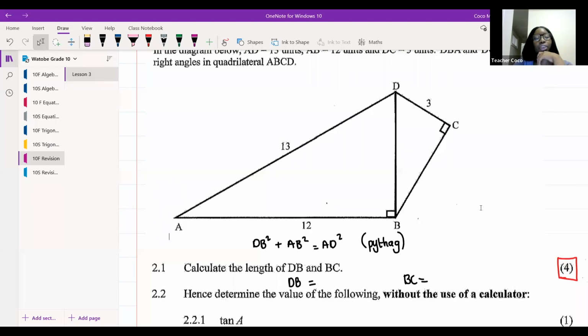All right, go for it. Good. If you guys have DB, go ahead and calculate for BC for me. You've got 1 minute left, everyone.